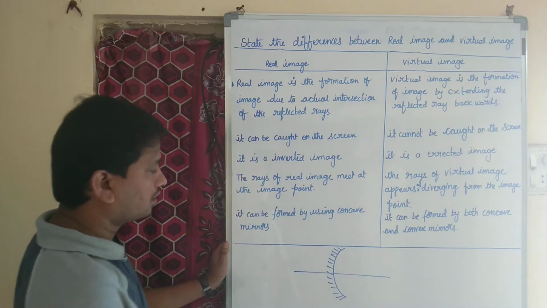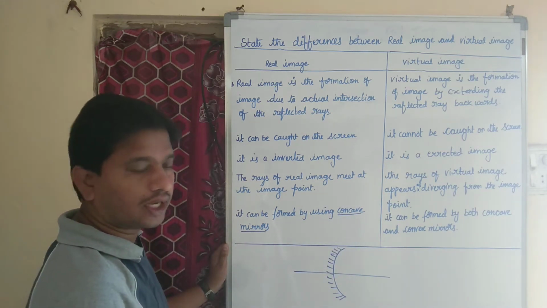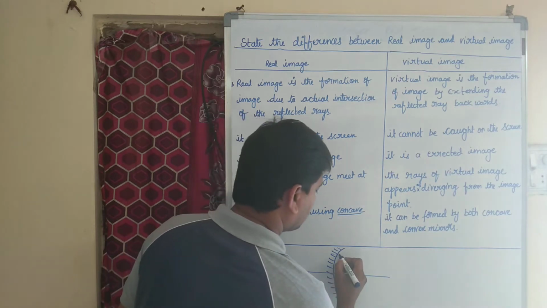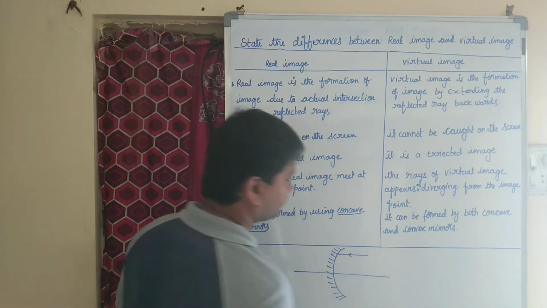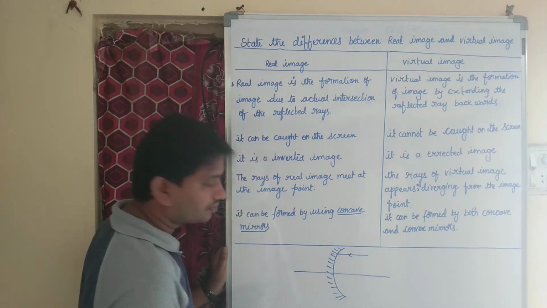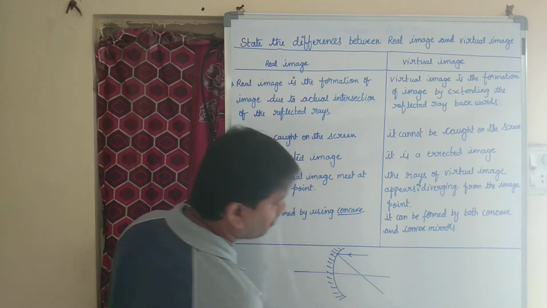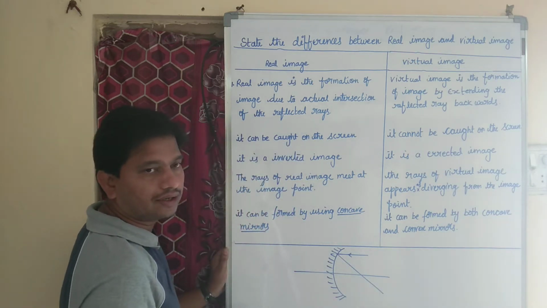This is our concave mirror. This is our incident ray, which is incident at a point on the concave mirror. After meeting at this point, it has to reflect back, right?